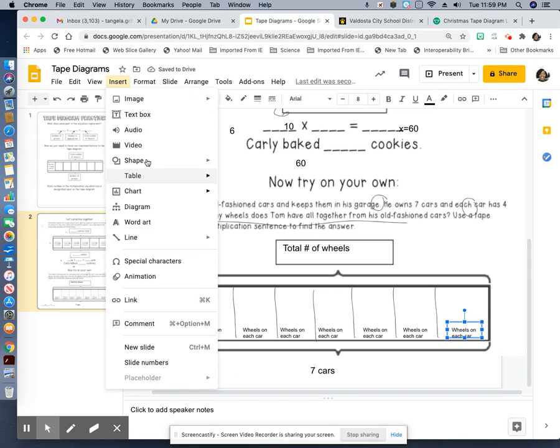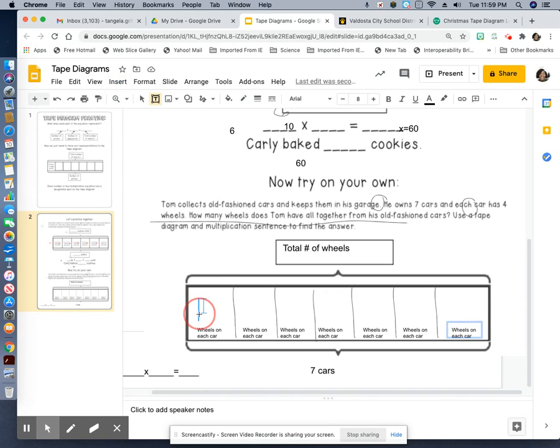So let's insert a text box here. Control C, Control V. Wait a minute. I just want to copy this box. It still wants to copy the text. So, all right, we know that's 4. Let's see if it copies it now.